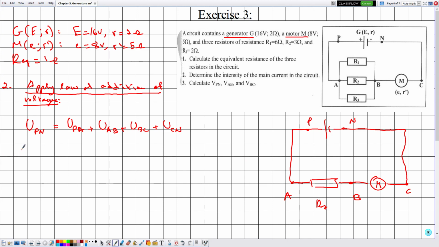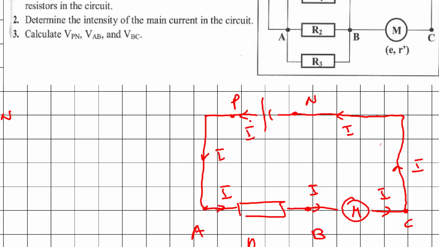Let's start with UPN, and here let me specify the direction of the current, which is like this. Now recall that this component is a generator, and Ohm's law for a generator is either given by E minus IR, or minus E minus IR, and this minus sign depends whether we are moving in the correct direction of the current or not.